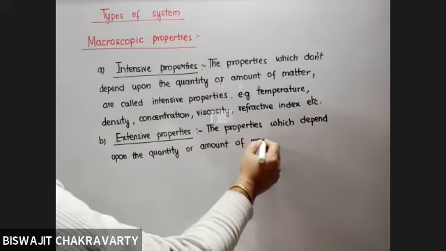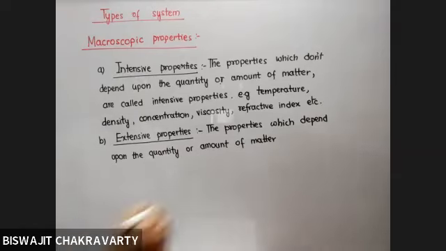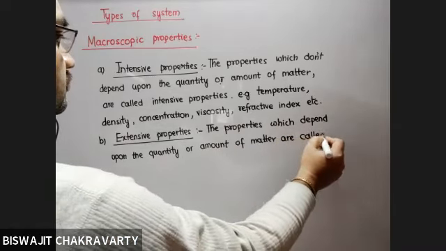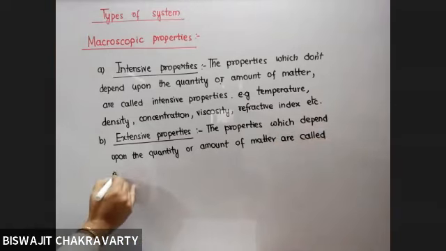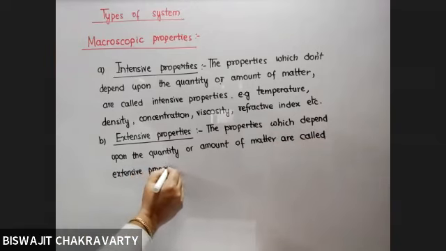Though the price of a commodity is not a thermodynamic property, just for the sake of understanding, I gave you an example. The properties which depend upon the quantity or amount of matter are called extensive properties.